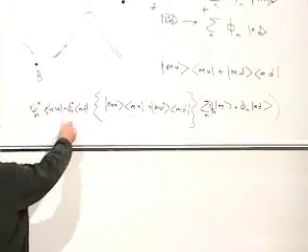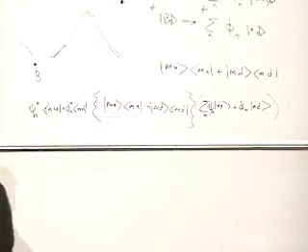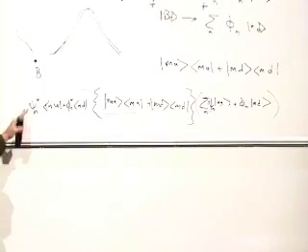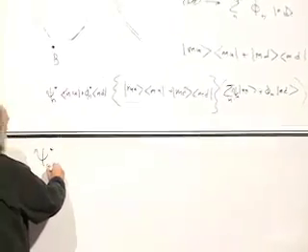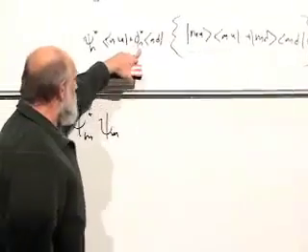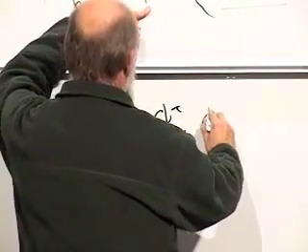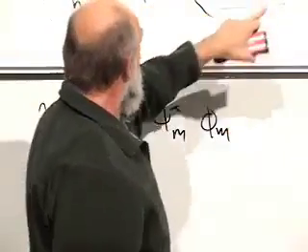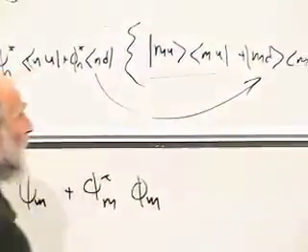Likewise, from this side, m has to equal n, and up has to equal up, otherwise you don't get a contribution. So from the direct terms, you get psi star m psi m, and also, similarly, phi star m phi m. That one comes from this term in the projection operator.